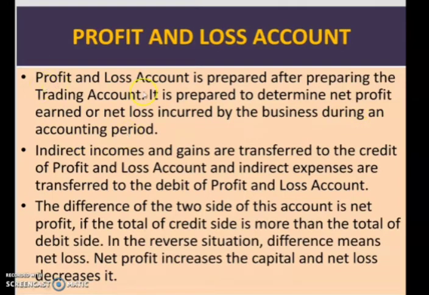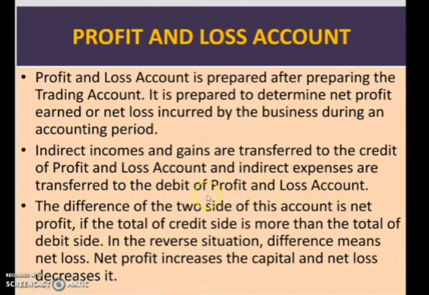So profit and loss account is prepared to determine the net profit or net loss of the business during an accounting period. Indirect incomes and gains are transferred to the credit of profit and loss account, and indirect expenses are transferred to the debit of profit and loss account.